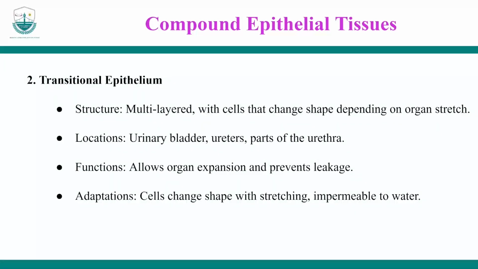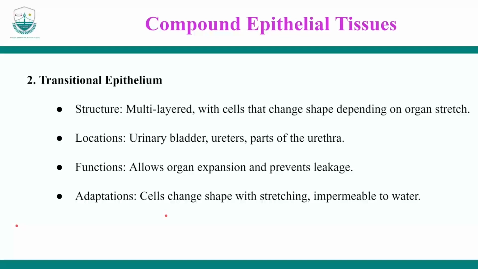The second type of compound epithelial tissue is what we call transitional epithelium. With this, you have several layers of cells, but as you move from the basal surface towards the apical surface, the cells change in shape. That is what we call transitional epithelium.